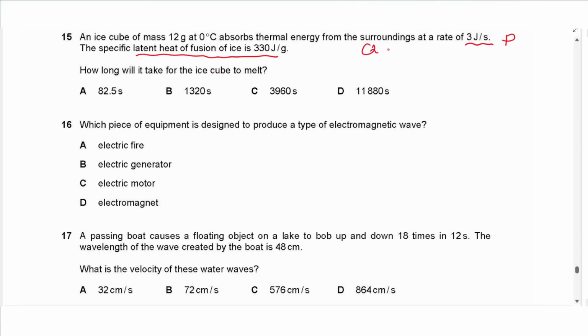So we can use Q equals ml, or power multiplied by time is equal to ml. So time is equal to ml over power. So we have the 12 grams multiplied by the 330 joules per gram. We have to make sure that the units for mass is the same, over the power, which is 3. So the answer is B.